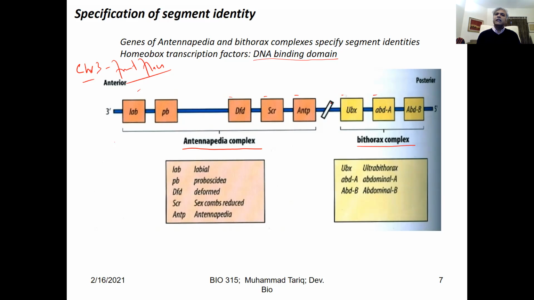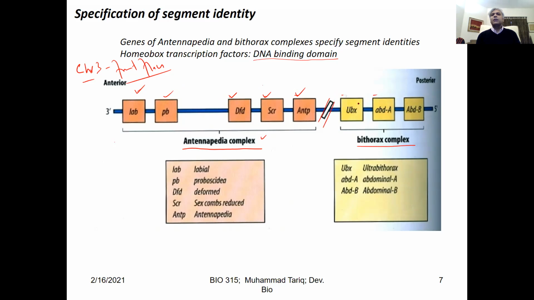Now, this hash line is indicating a long distance on the same chromosome. In the Antennapedia complex, the genes are called Antennapedia, sex combs reduced, deformed, proboscipedia, and labial.